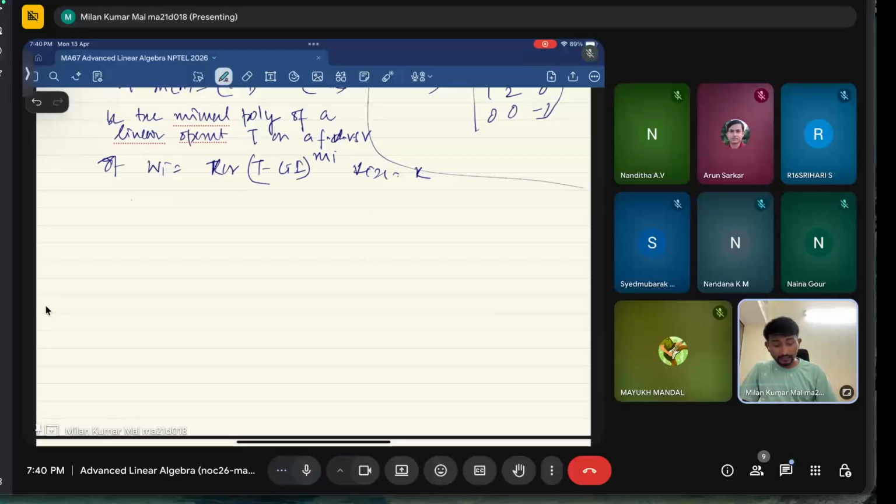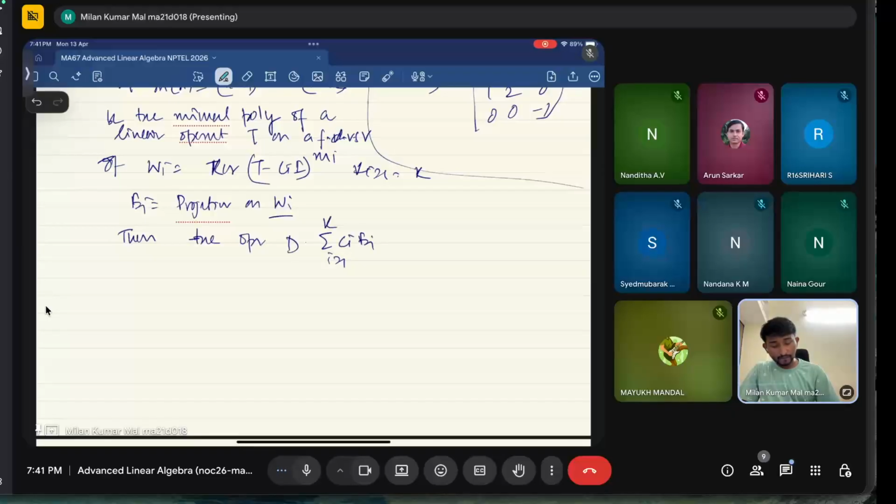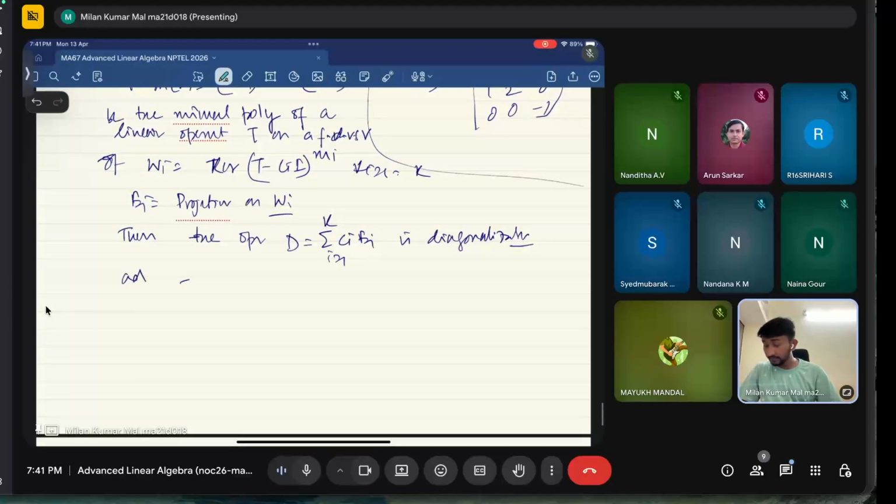But the fact is that if Ei is the projection onto Wi, then the operator D, the summation of Ci Ei for i equals 1 to k, is diagonalizable, and T minus D to the power r is 0, where r is the maximum of m1 all the way to mk.